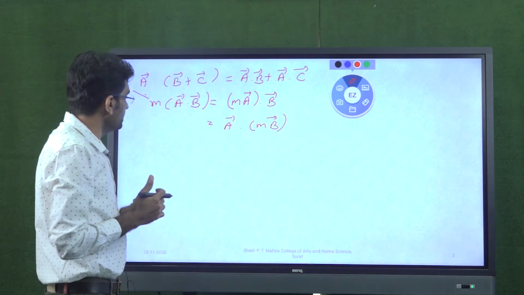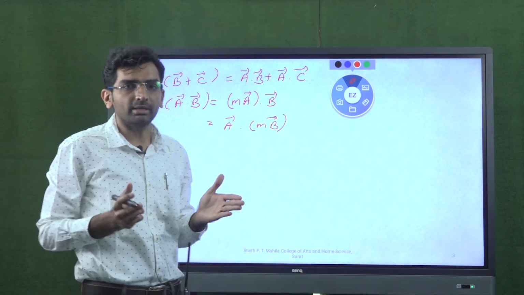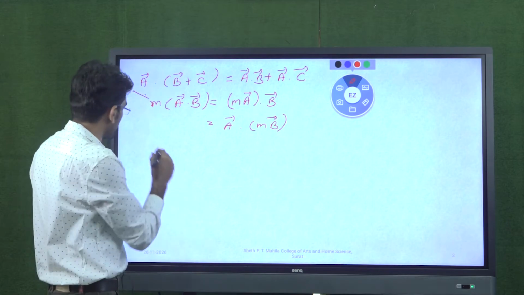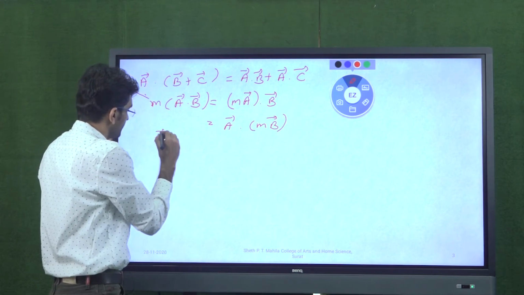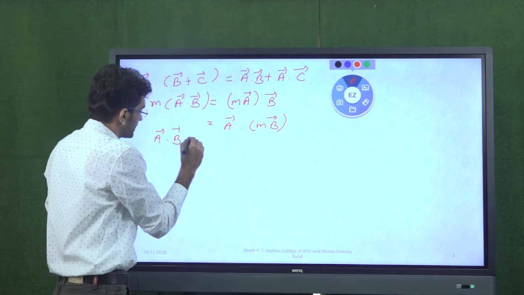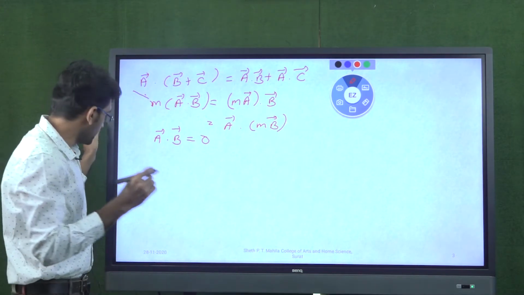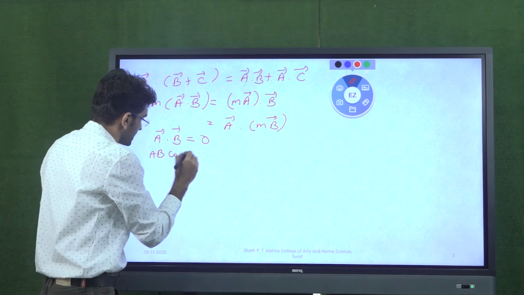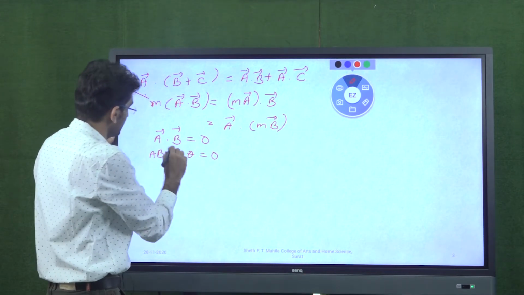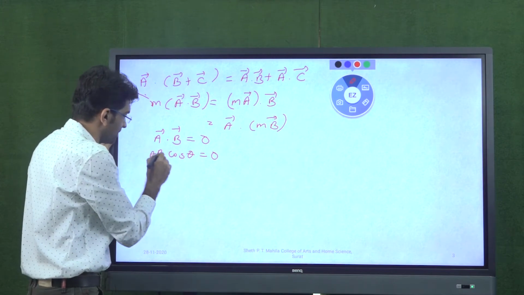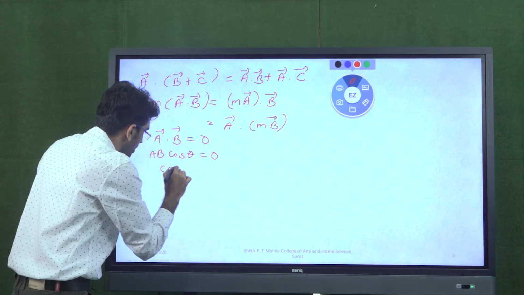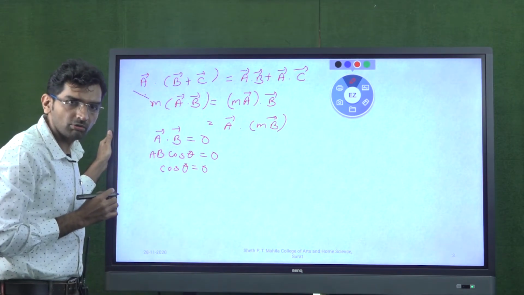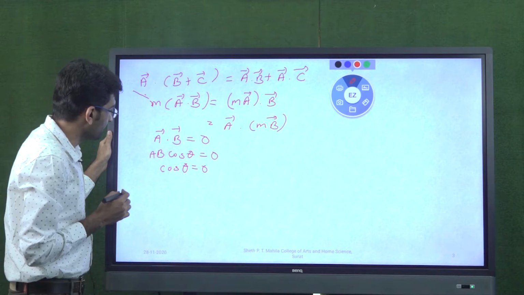What will be the angle between two vectors if their dot product is 0? Let's say I have vector A dot vector B equal to 0, then I will have AB cos theta equal to 0. And if AB cos theta is equal to 0, I will take this AB to the other side. So I have cos theta equal to 0. If cos theta is equal to 0, then what will be the value of theta?